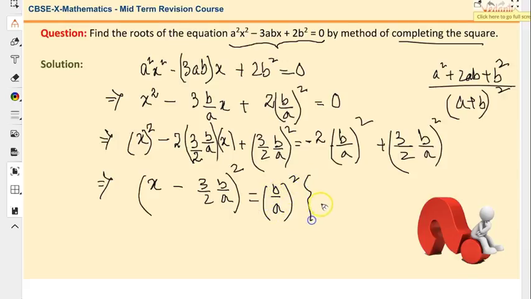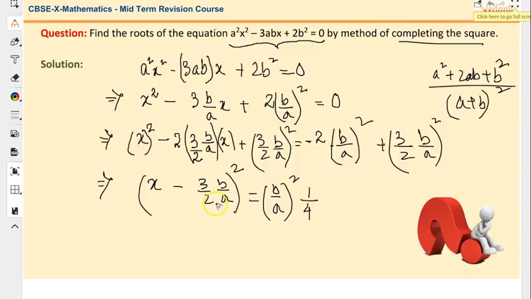So if I take this common, I will have minus 2 and plus 9 by 4. So if I simplify this, 2 can be written as 8 by 4, and then I can write this simply as 1 by 4, right? So after simplification, this becomes 1 by 4.